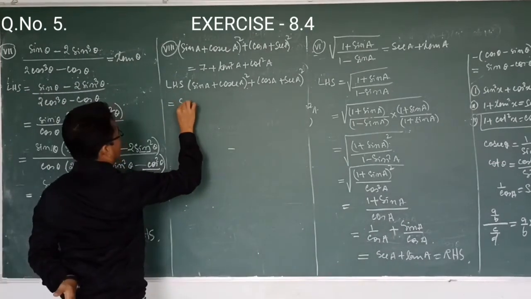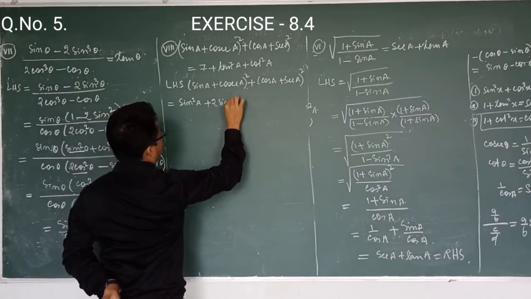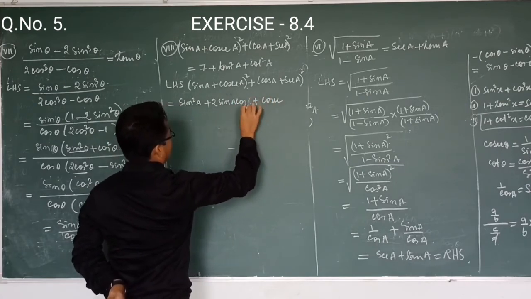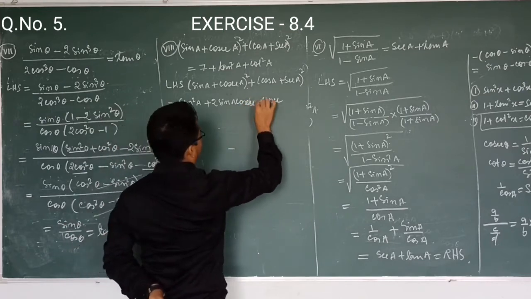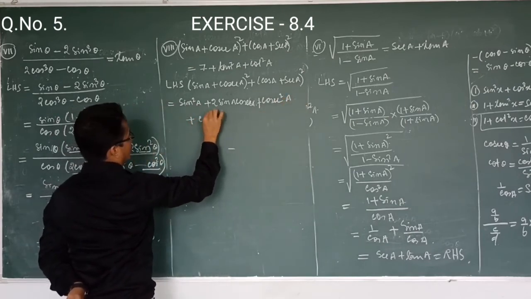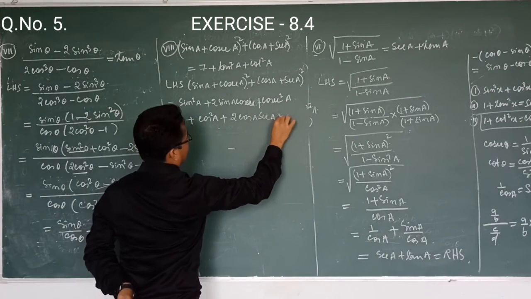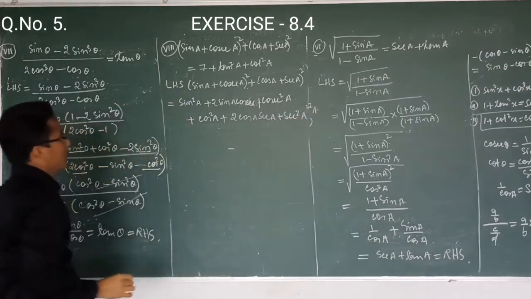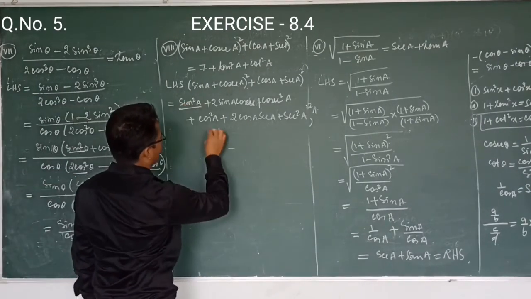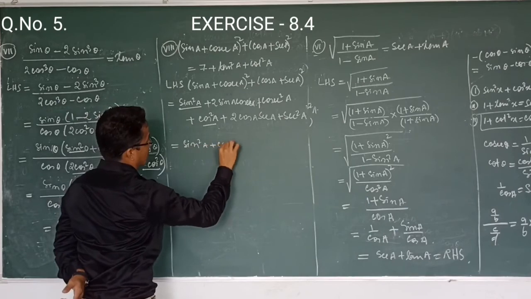That is sin square A plus 2 sin A cosec A plus cosec square A, plus cos square A plus 2 cos A sec A plus sec square A. Okay, now let's see, we collect sin square A plus cos square A on one side.